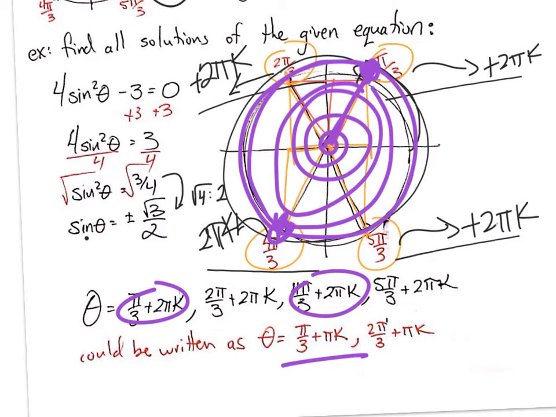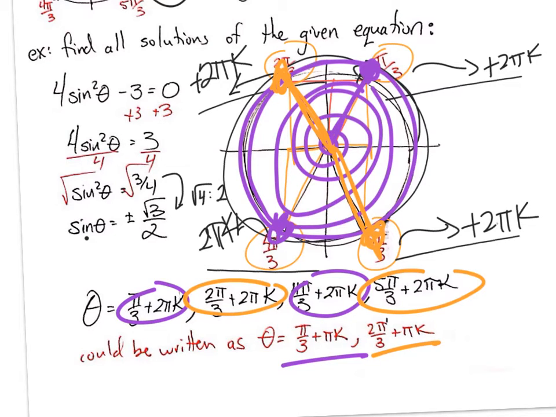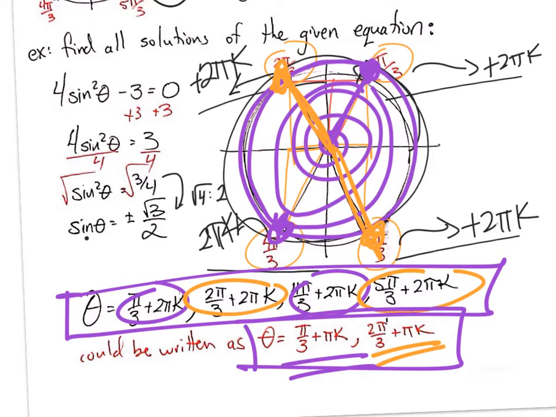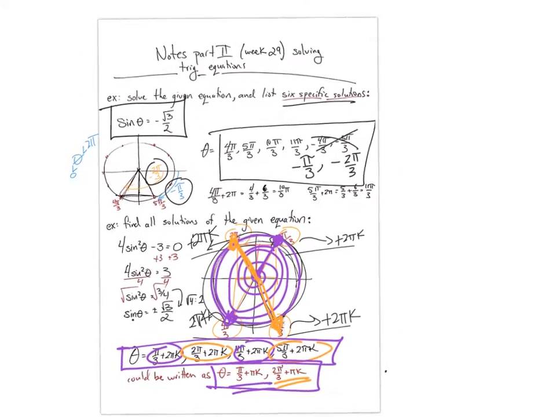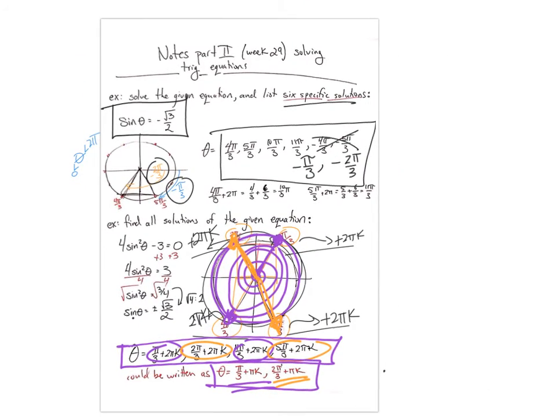So this and this can be written as this, which is the same as this and this at the same time. So this covers both bases. Anyway, that's simpler and is correct. This is just more ink, or digital ink, but both are correct. They show all possible solutions.